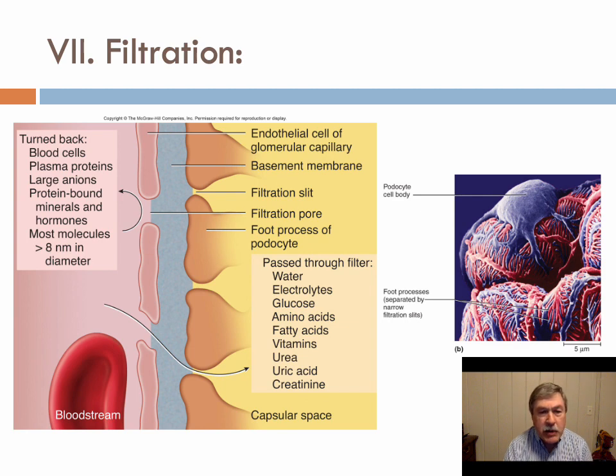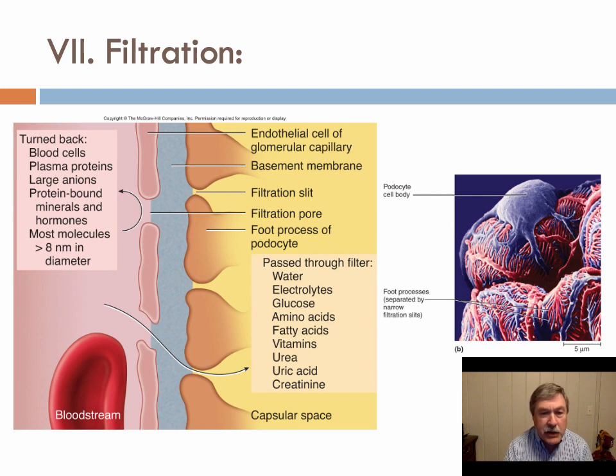Notice just to the right of that red blood cell, you can see a cross-section through the wall of the glomerulus. And notice there are some holes in that wall. Those holes are called fenestrations. Those holes prevent blood cells from being filtered and escaping the glomerulus.